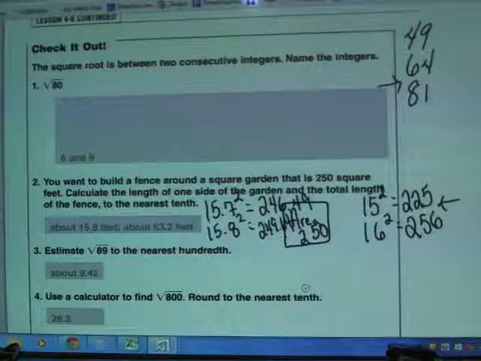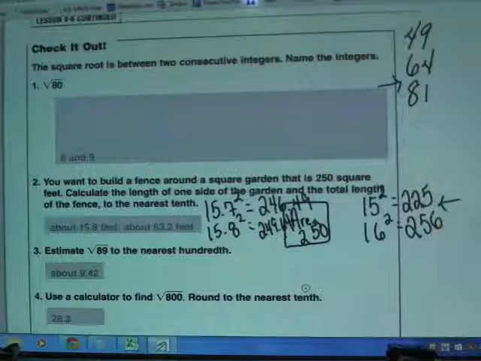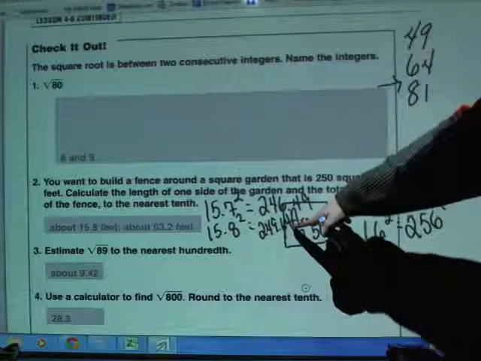So the only other thing we could test here and see if it gets closer would be 15.9. Obviously, if I go up to the next tenth, I'm at 16, and we already know that 16 isn't going to get any closer because that's 256. When I take 15.9 and square it, the result is 252.81. Well, not only have I gotten bigger, but I'm now 2.81 units away, whereas a moment ago, I was just about 4/10 away.